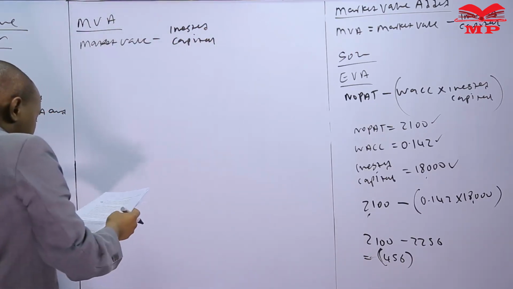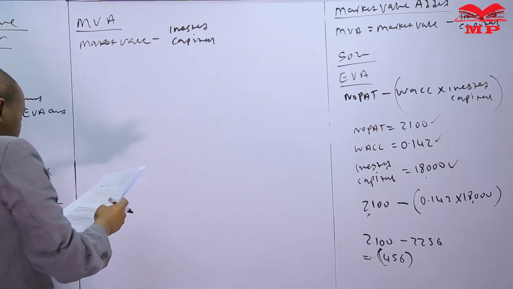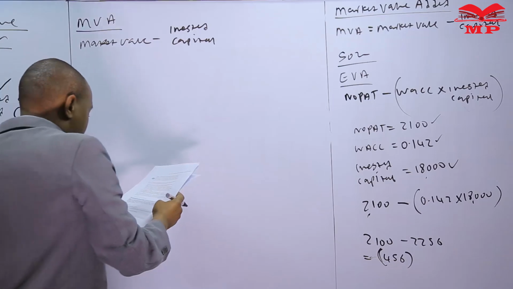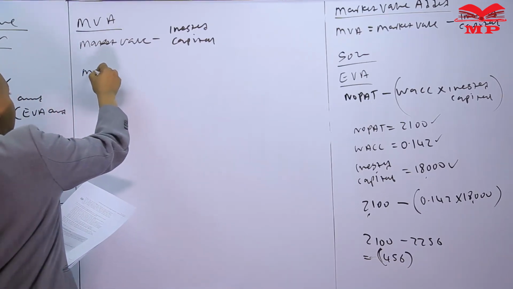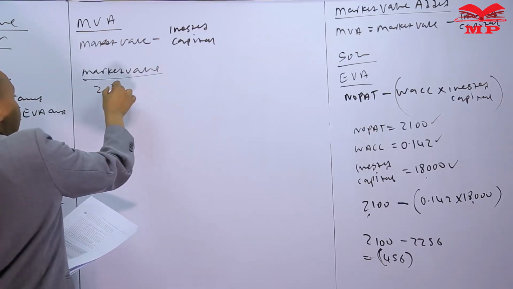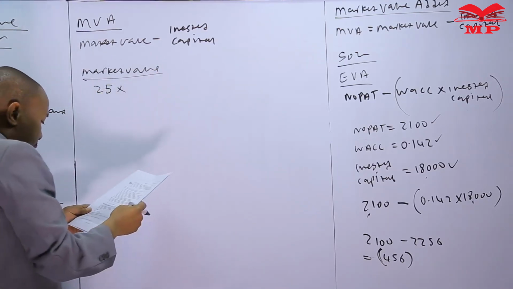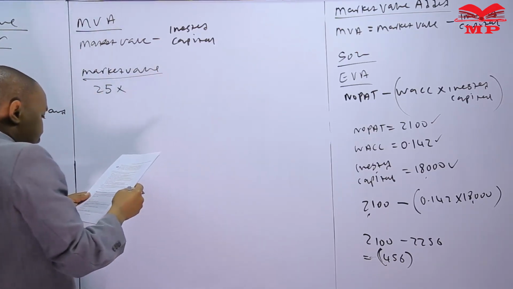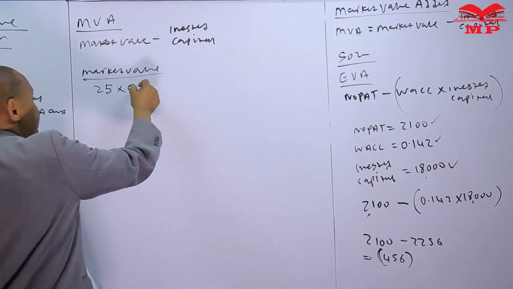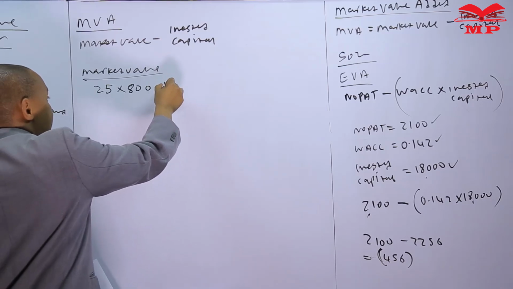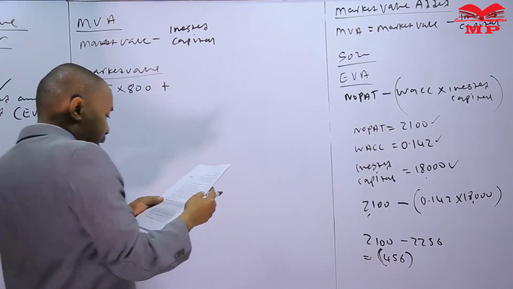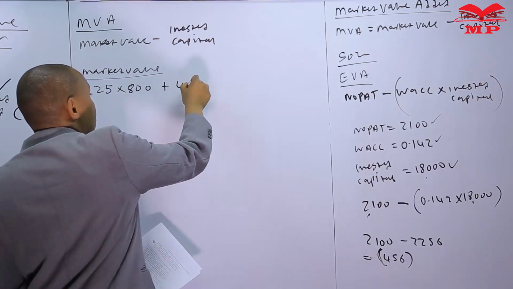The market value includes the component of debt, so we first need the equity component. Market value of equity is 25 multiplied by 800, since V has 800 shares outstanding. Then we add the market value of debt, which we've been told is 4,000.